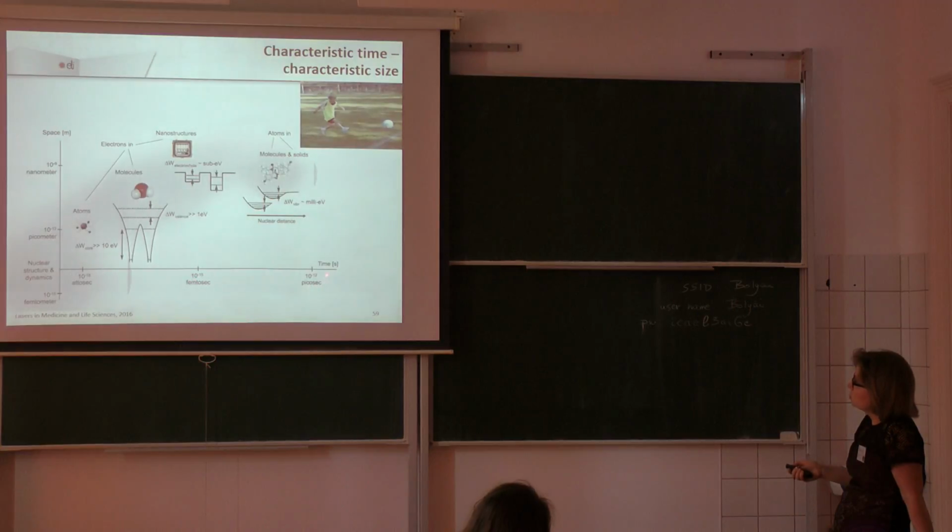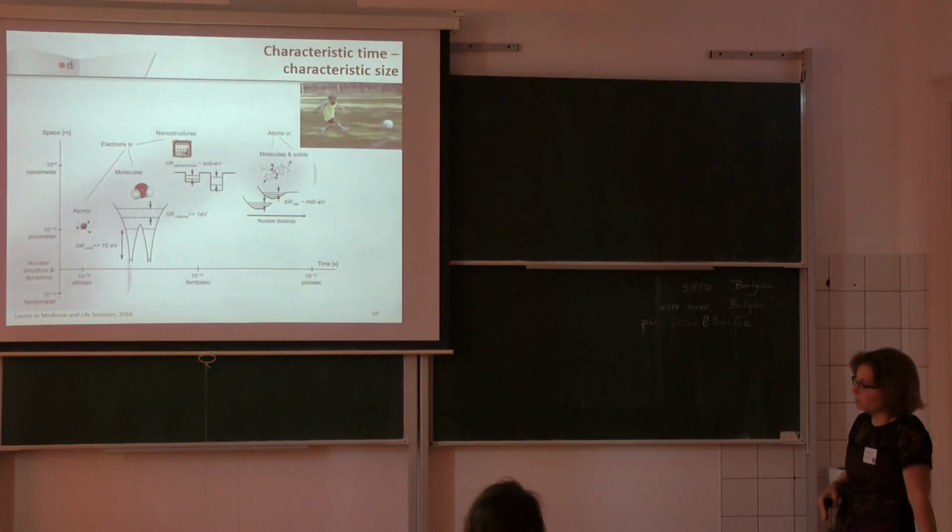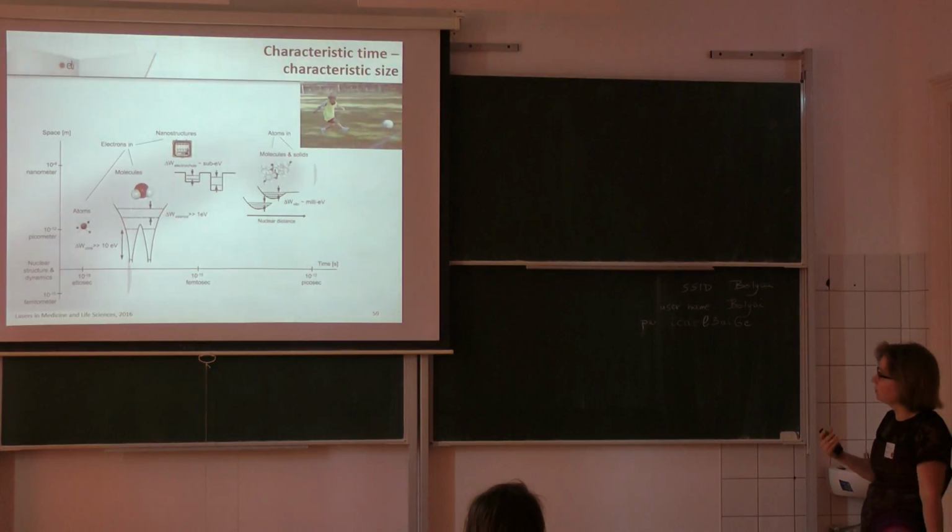The sub-picosecond range, so the many femtosecond range, is what you use to study atoms in molecules and solids. But if you want to look at smaller constituents, electrons, and see how they behave in nanostructures, molecules, or atoms, then you reach the sub-femtosecond or the attosecond regime.